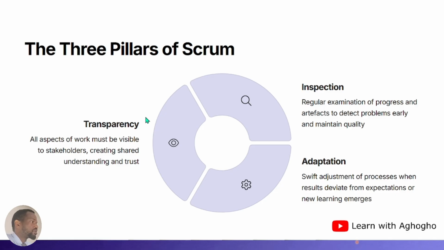Inspection has to do with regular examination of progress and artifacts to detect problems early and maintain quality. Transparency means all aspects of work must be visible to stakeholders, creating shared understanding and trust. Adaptation has to do with swift adjustment of the process when results deviate from expectations or new learning emerges.